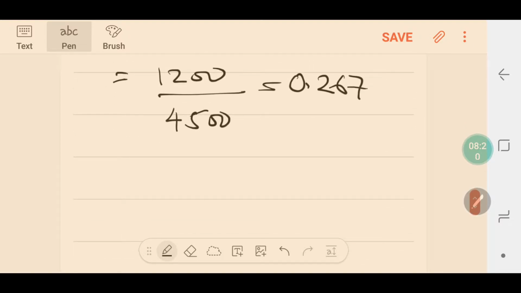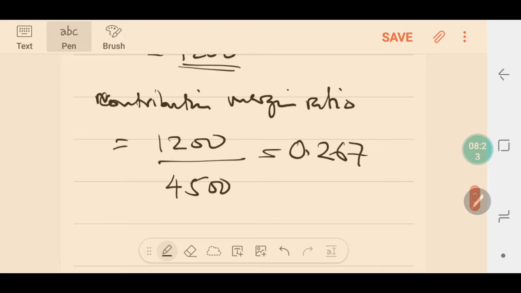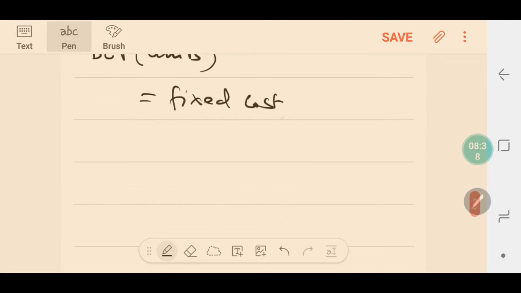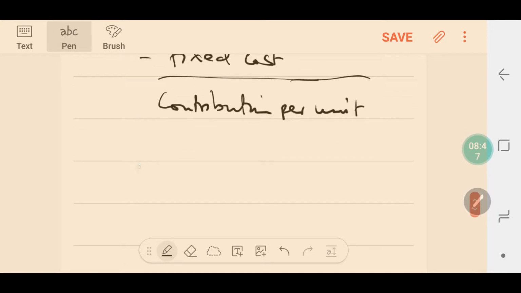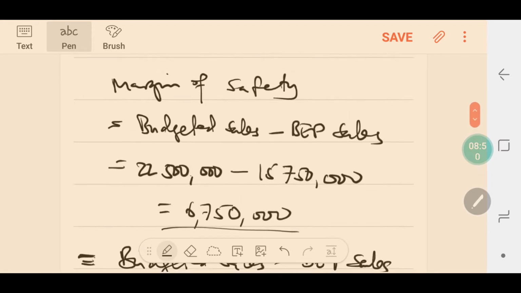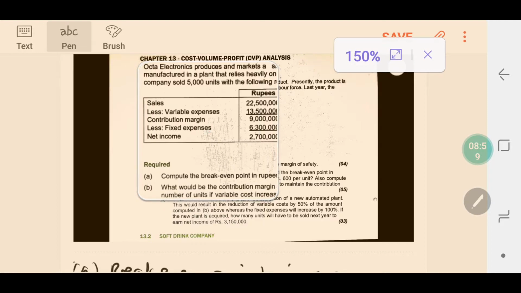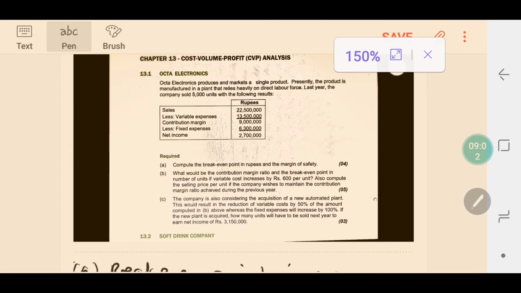and we have also been asked to calculate break-even point in units. Break-even point in units is equal to fixed cost over contribution per unit. Fixed cost in our question is fixed expenses of 6,300,000.